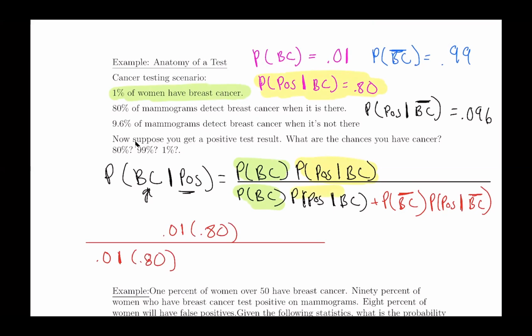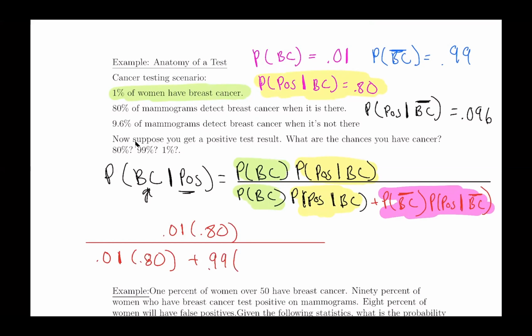All right, so we got these two over here. Now we have to find these last two probabilities. We want to find the probability that they don't have breast cancer. What percentage of women don't have breast cancer? Yeah, 0.99.